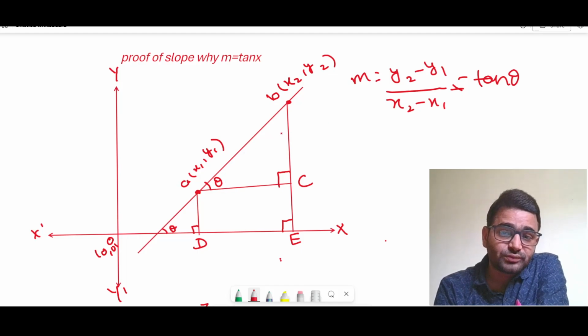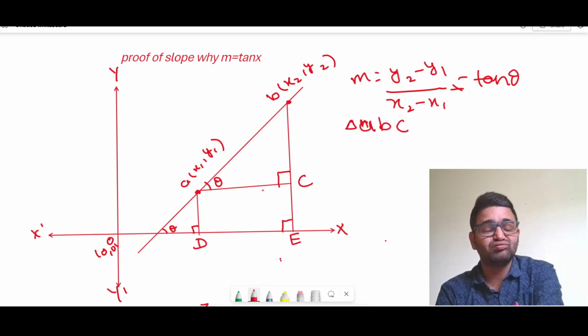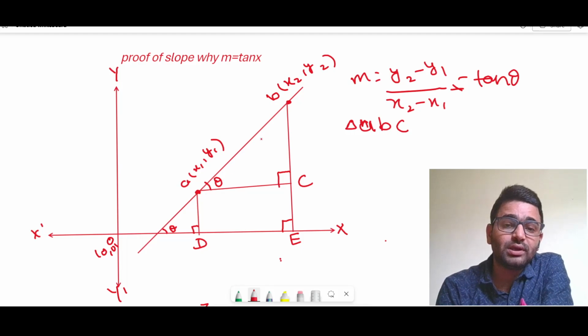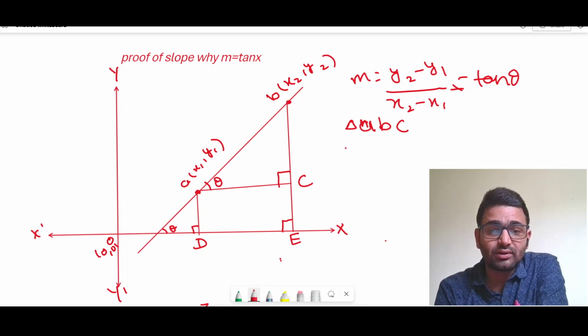Consider this triangle ABC. Sorry, A is small a, B is also small b, and C is capital C.